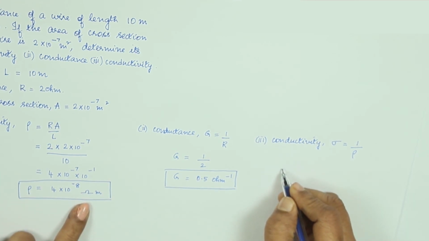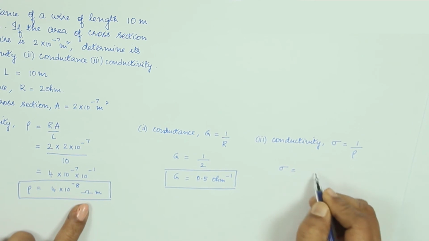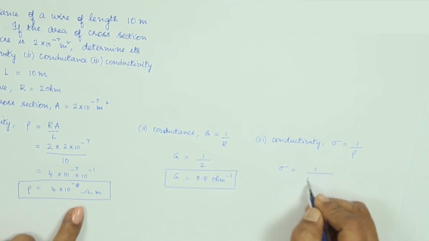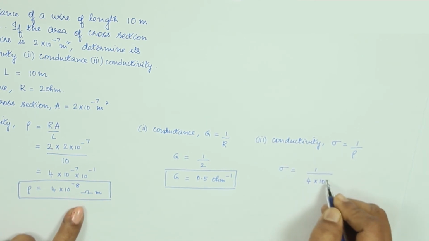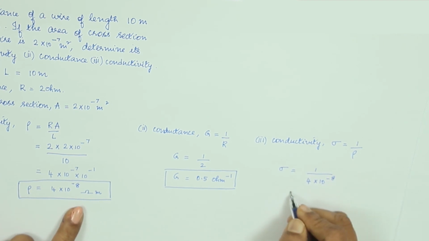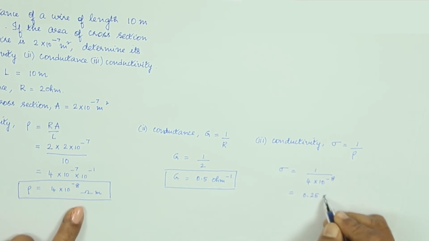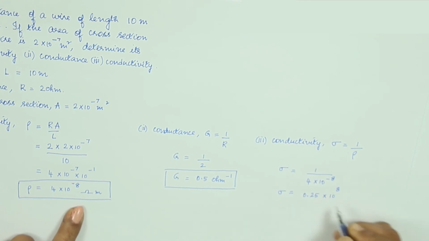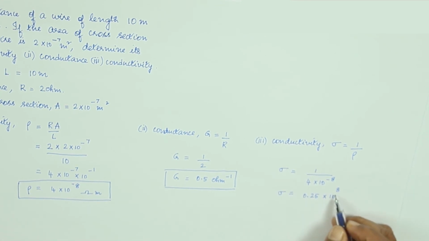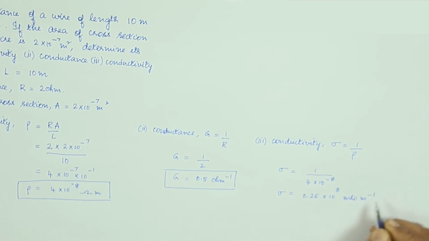So conductivity sigma is equal to 1 divided by 4 into 10 power minus 8. So 1 by 4 is 0.25. 10 power minus 8 in the denominator becomes 10 power 8 in the numerator. So sigma is equal to 0.25 into 10 power 8 and the unit is mho meter power minus 1.